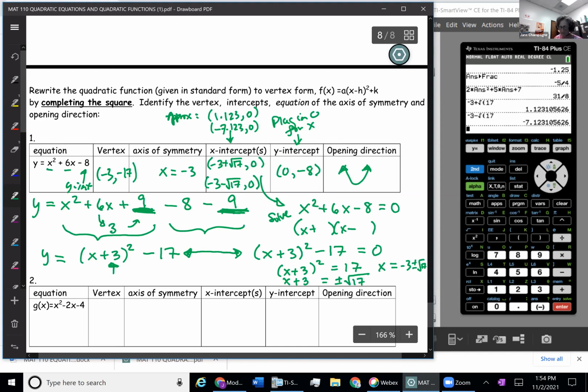Because it's got a leading coefficient of positive 1, the positive coefficient of x squared. So then we could actually graph that without too much trouble.